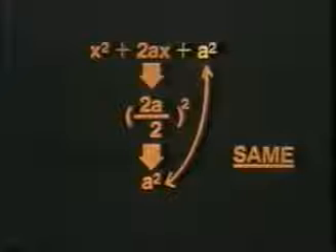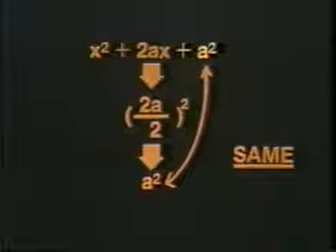Here, x plus a squared gives us x squared plus 2ax plus a squared. Now, if we had only the first and second terms, could we find the third one, the a squared? Sure we could. How? By taking everything in the second term except x, dividing it by 2, and squaring whatever we get.